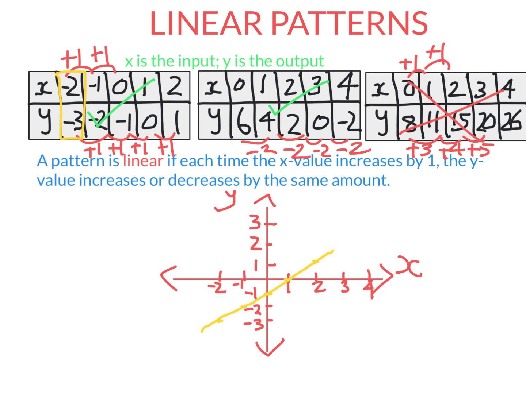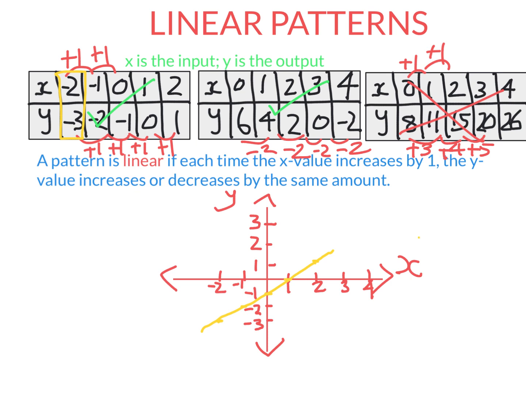Similarly, if you were to plot these points, (0, 6), (1, 4), (2, 2), you would see that the points lie in a straight line as they did here. It'd actually go in the other direction, but it'd still be a straight line. If, however, you plot each of these points, then they would not lie in a straight line.